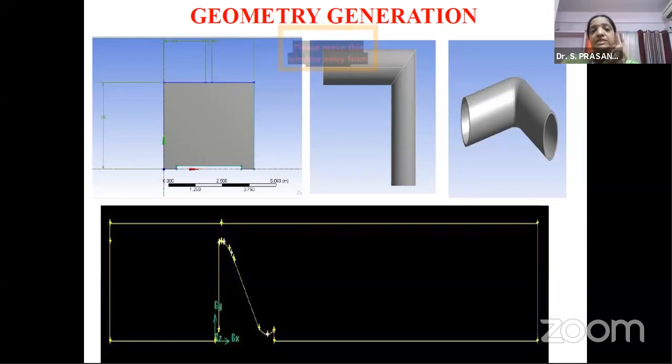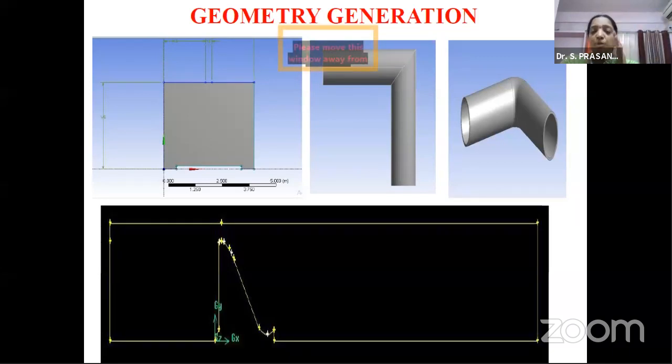CFD is more comfortable with 2D analysis and small cases of 3D analysis. But CFX is another module, another solver methodology available to us, which is used for 3D modeling cases. You can have stationary, you can have moving, or any sort of analysis that can be done in CFD.